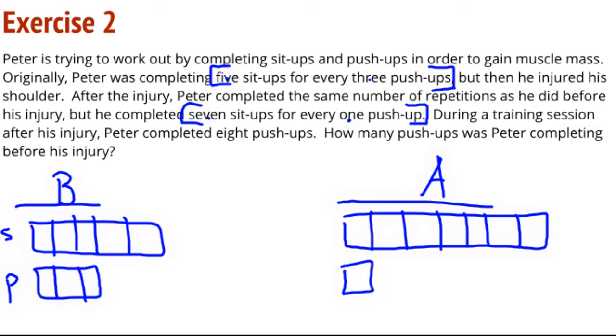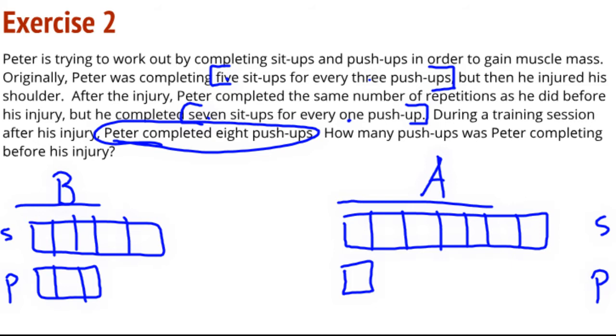Shoulder injury probably makes it hard to do push-ups. And I'll do a little label here, sit-ups and push-ups. Now it says during a training session after his injury, Peter completed 8 push-ups. And the question is, how many push-ups was Peter completing before his injury?